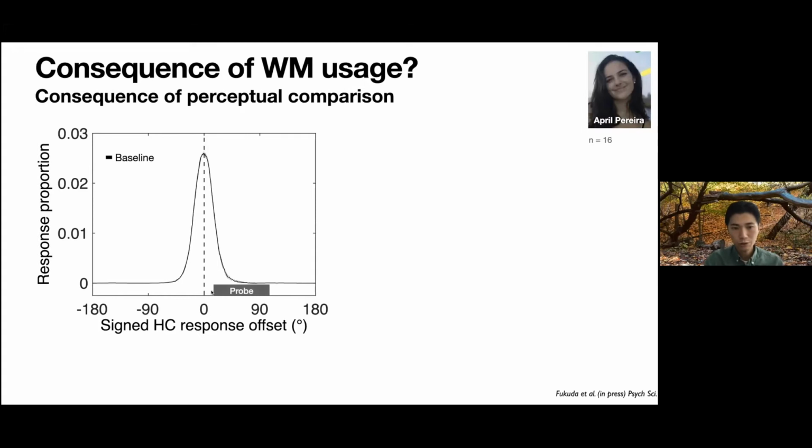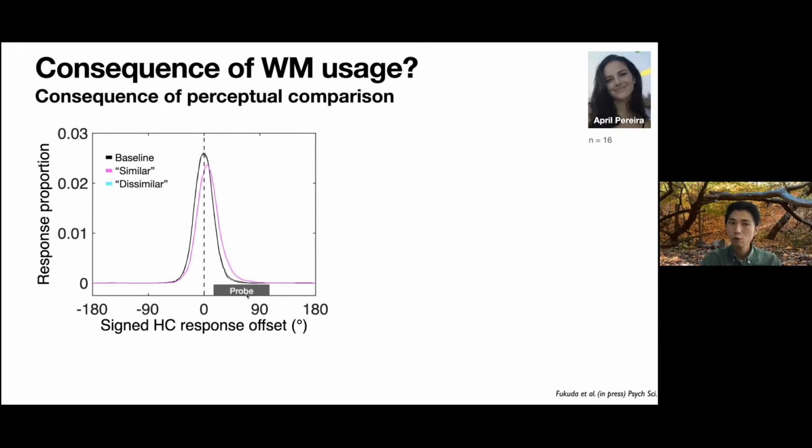Now, what I'm showing you here in the gray is the range of the probe distance that we presented in the critical conditions. So the probe that was presented ranged anywhere from 16 to 105 degrees away from the target color. When this probe was judged to be similar, what we found is a reliable shift in the response offset distribution in the direction of that probe.